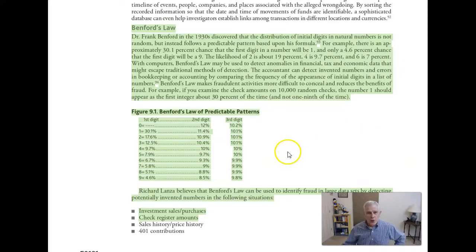So through this work, this person found out that 30.1% of the time, whatever number you're looking at, it can be check amounts, check numbers, invoice numbers. It could be street addresses. Whatever number you're looking at, 30.1% of the time, that number starts with a 1. That's how you read this chart.